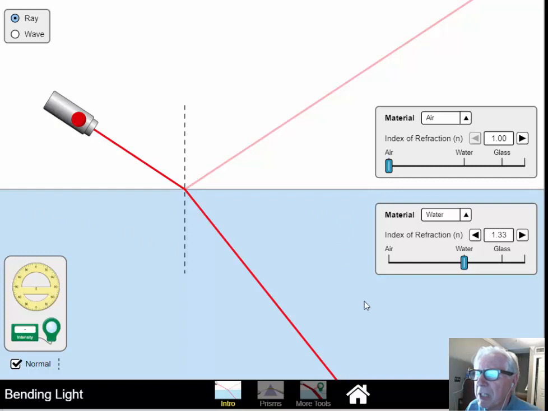And I have the medium below, which is set to water, very standard way. And the first thing I'd like us to do is accept that this is showing reality. Otherwise, this doesn't work. So it's a simulation, and it's a good simulation.